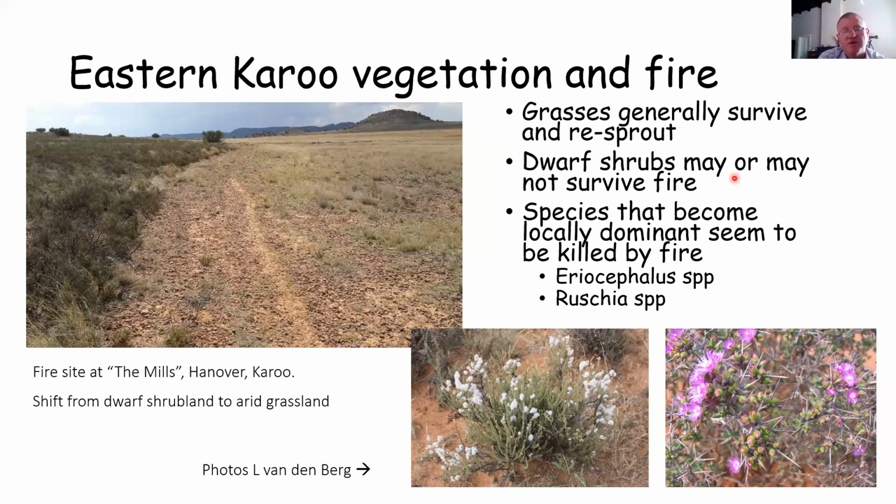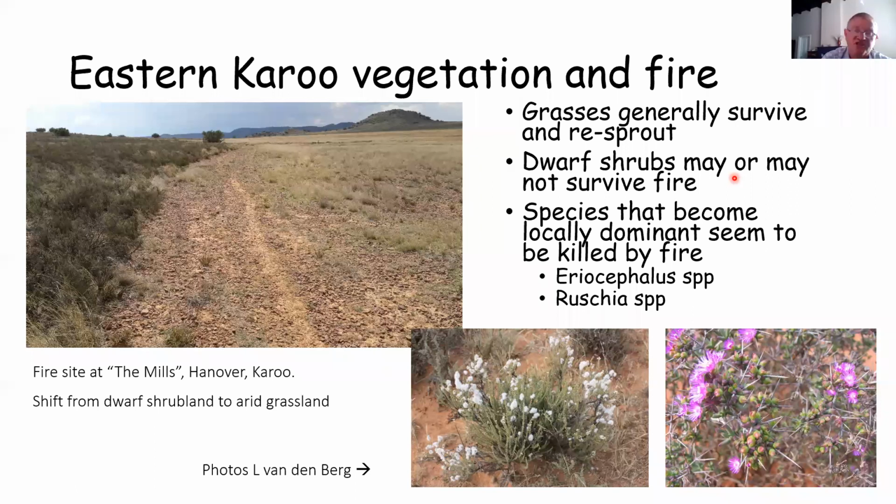And that's why you get that effect that is shown in that top left photograph. On the left-hand side is an unburnt area, and that is dominated by Ruschias and Eriocephalus plants. You can see that as classic Karoo shrubland. On the right-hand side, those dwarf shrub species have been killed, and that Karoo veld is now not a dwarf shrubland anymore.